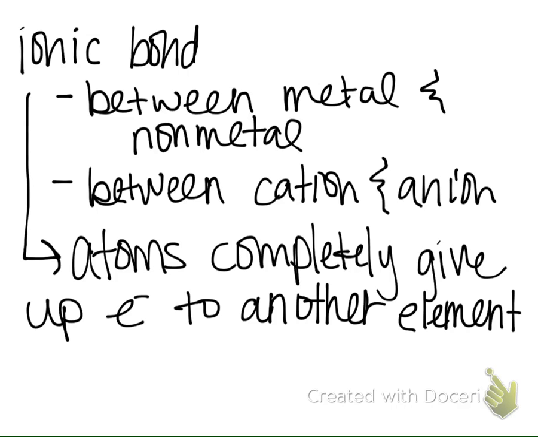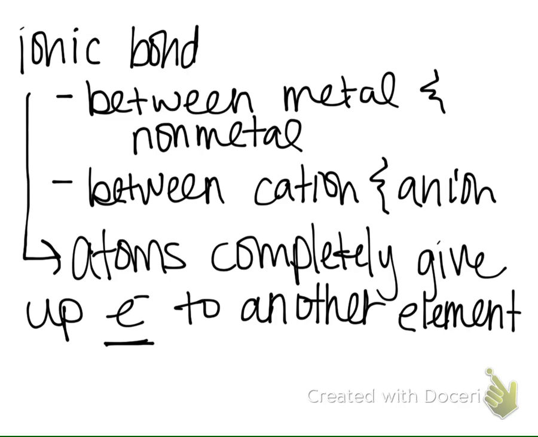Everyone understands that this is how I write electrons, right? Everyone's got that by now? Okay, good. They just give them away, and those other elements will take them. So that's what's distinct about an ionic bond. They give up electrons. They're not sharing them.